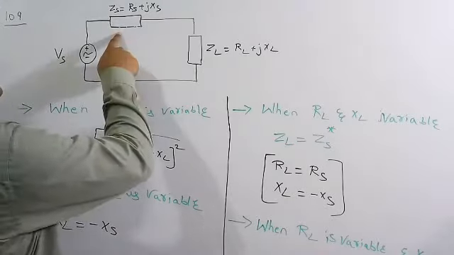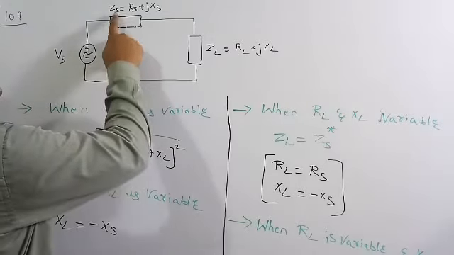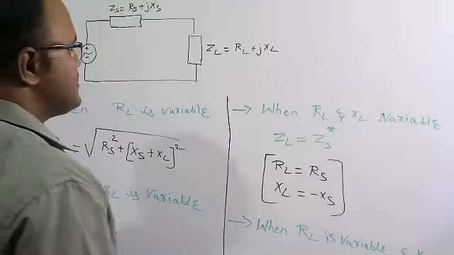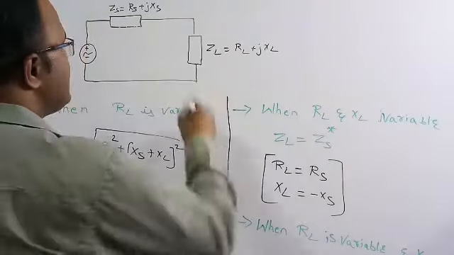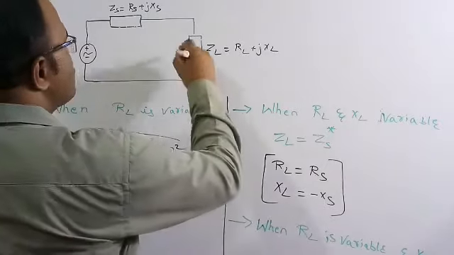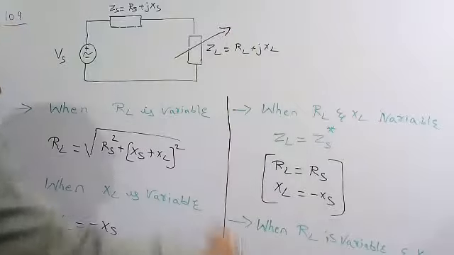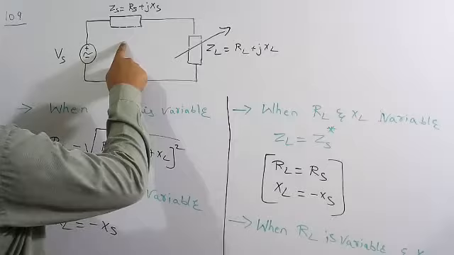This is the internal impedance of this ideal voltage source. Here Zs is equal to Rs plus jXs, and the load ZL is equal to RL plus jXL. For maximum power transfer, the load impedance has to be variable and Zs has to be a fixed value.